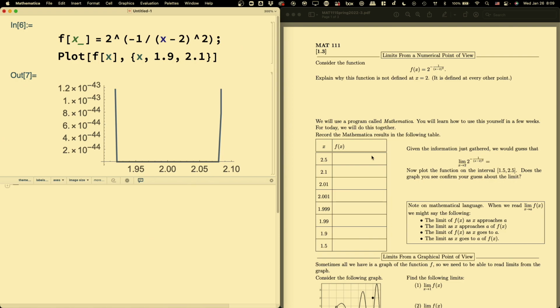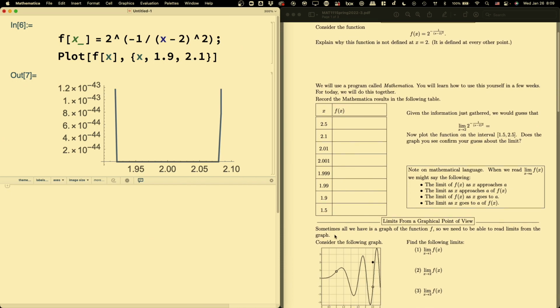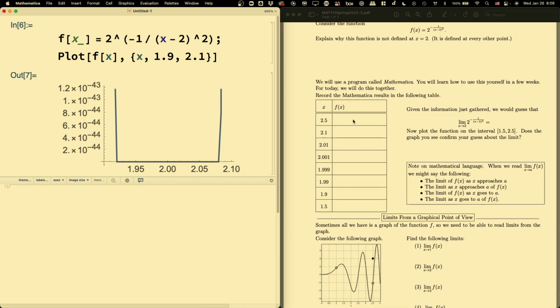So it seems plausible. So let's do the same thing to make this table here with our values. Now, how did you guys actually do the arithmetic yesterday? You had a function, you had some numbers you wanted to plug into it. What did you do?